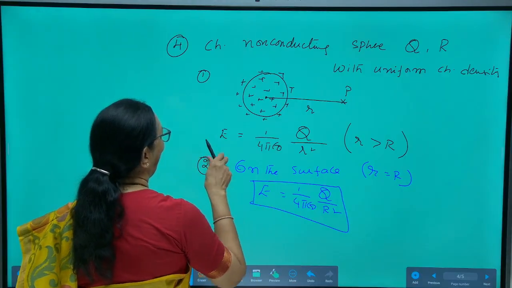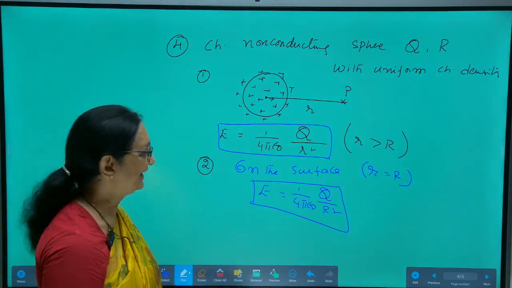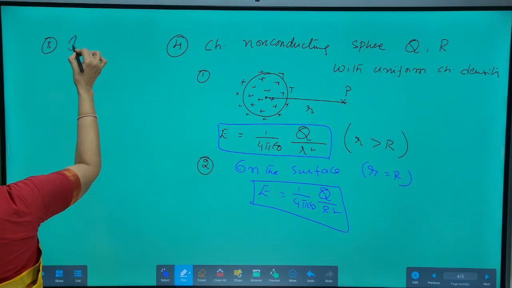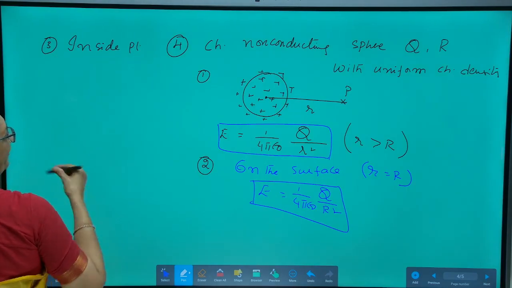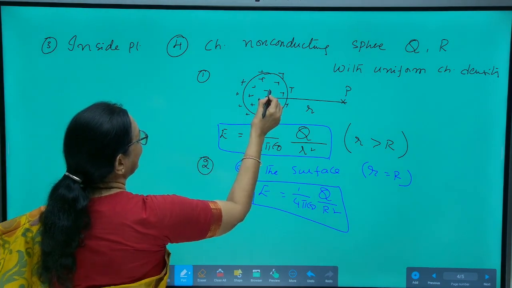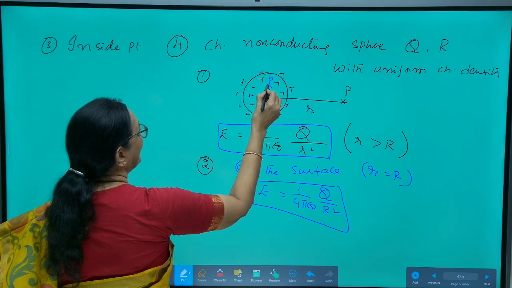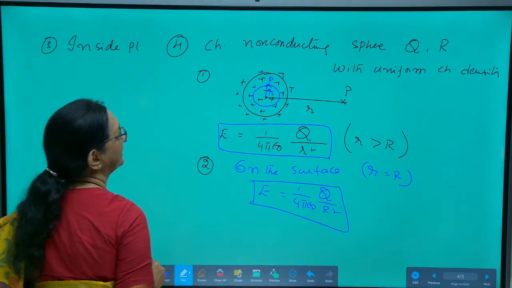Till then, absolutely there is no problem, right? And the third case, look here, at any inside point. So, let us consider a point P inside at a distance small r from the center.